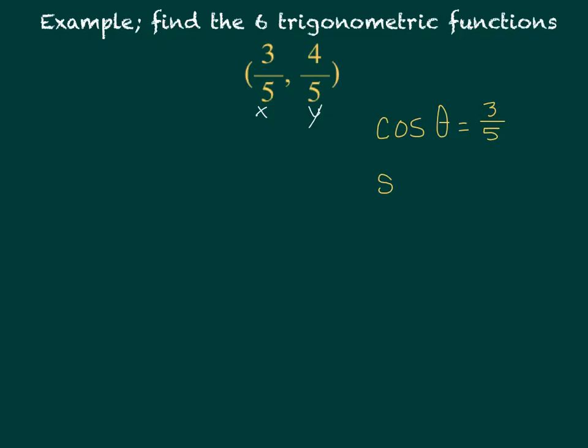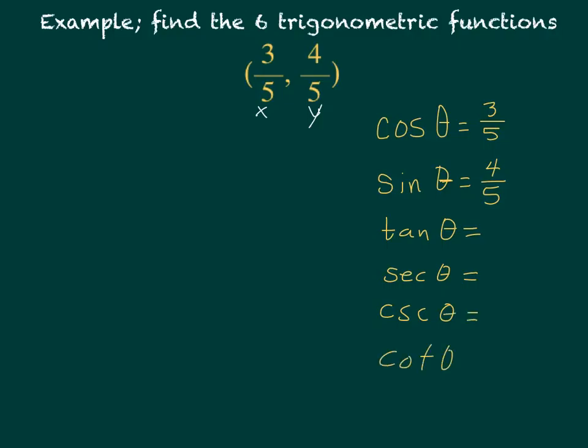Sine of theta equals 4/5. And then I need to find tangent of theta, secant of theta, cosecant of theta, and cotangent of theta.